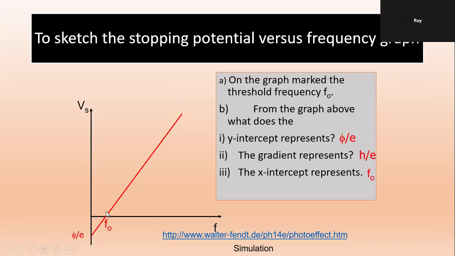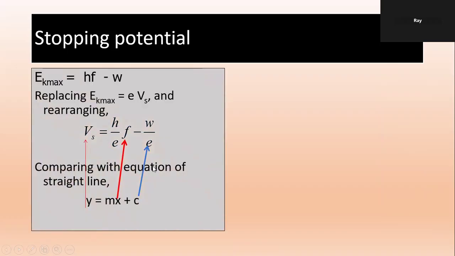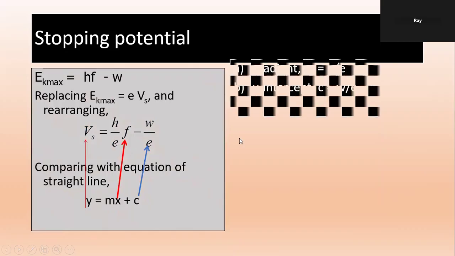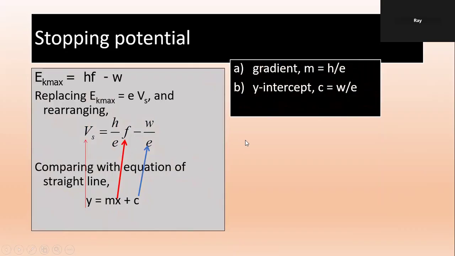This is still f naught, the threshold frequency. That's our equation. Same thing, we just divide eVs by e and we get that equation. Then compare, that's the equation of a straight line. Any comment or anything not clear?